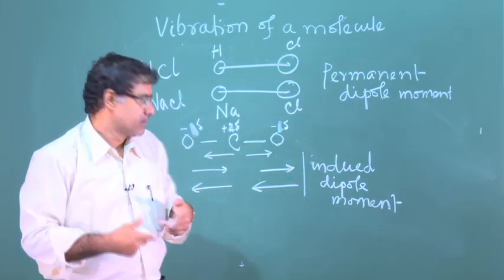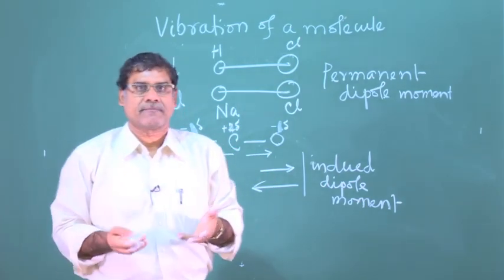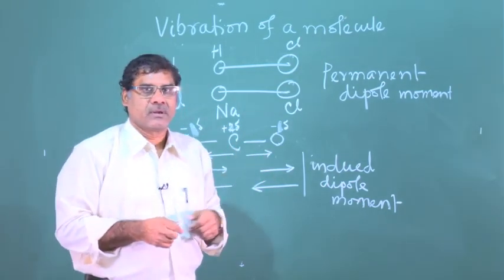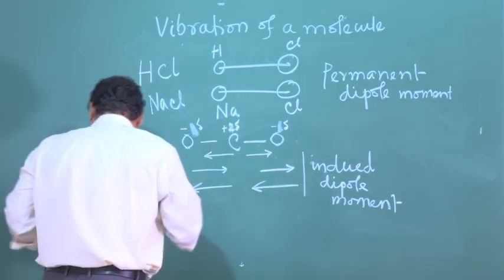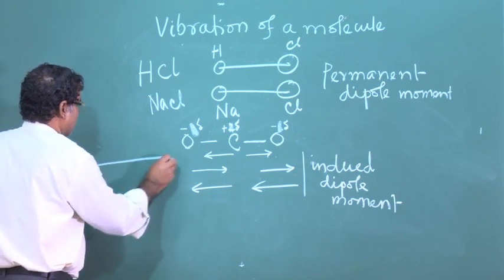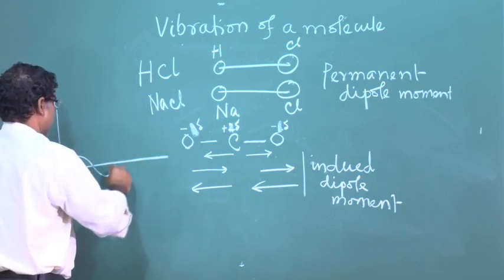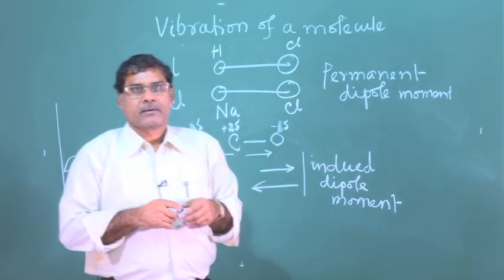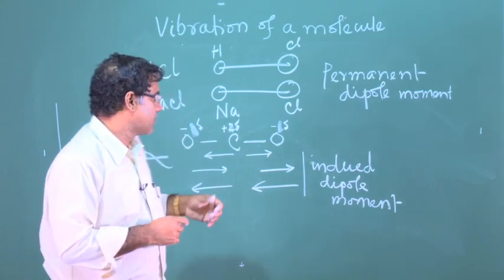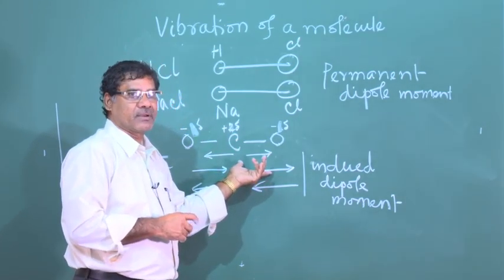That means there will be fluctuation of dipole moment with time, as I have shown in case of rotation. If you plot this fluctuation with time, it will look like this. It will interact with the infrared, and that is why it will be an infrared active molecule.